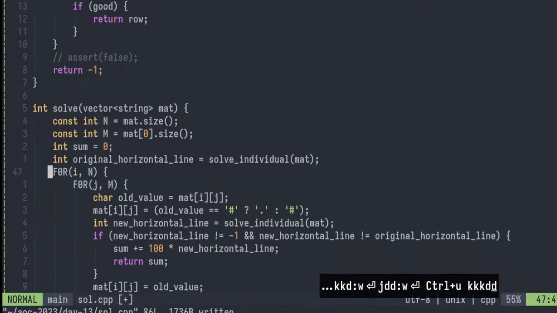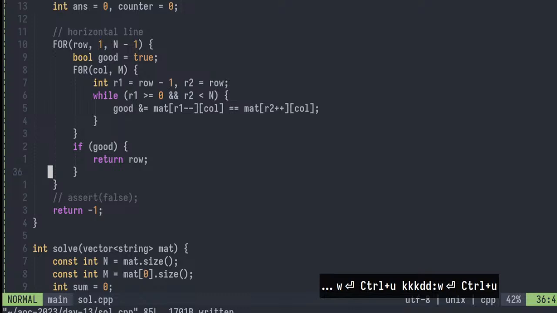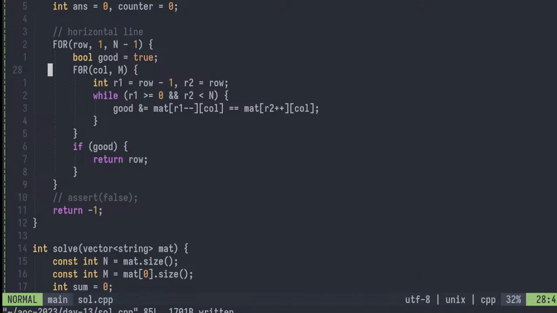What else? Here as well we go over all the rows, then the columns we go beyond. There could be one thing that I must have missed.